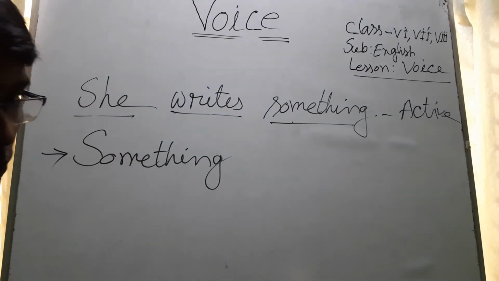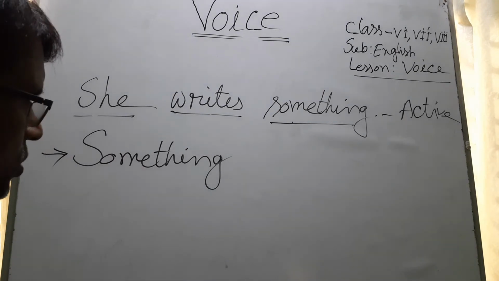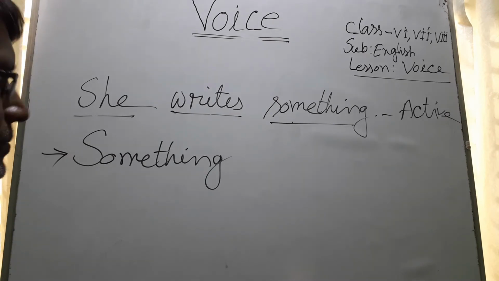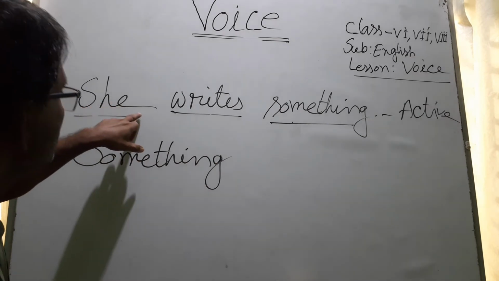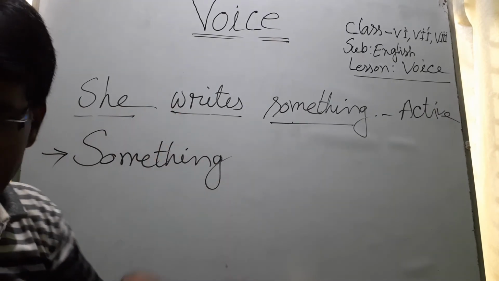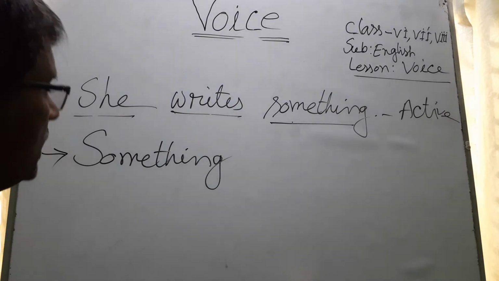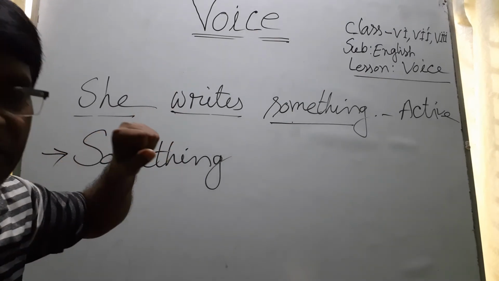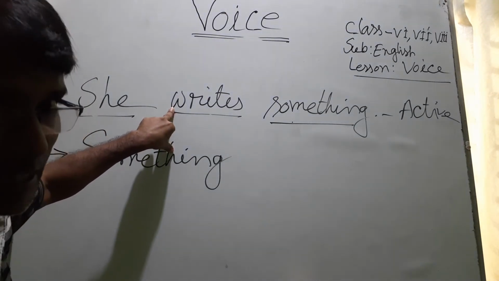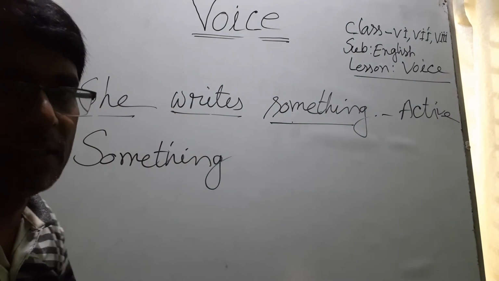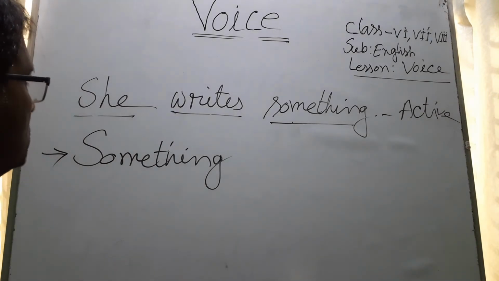will read, of course, in the passive voice what the auxiliary verbs are. You will read the auxiliary verbs from your books. Like in present indefinite tense, in the passive voice the auxiliaries are am, is, or are.